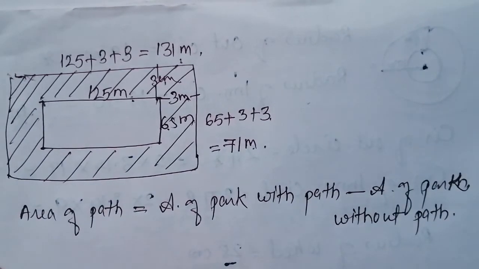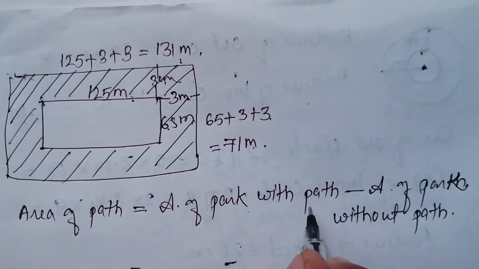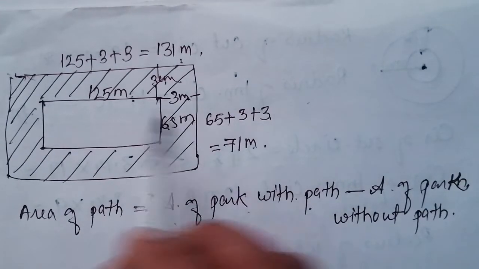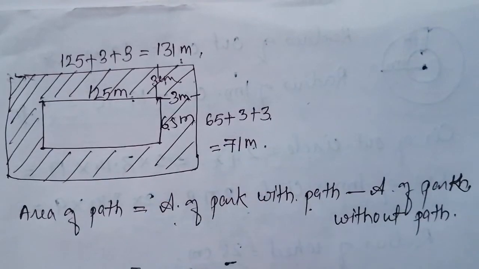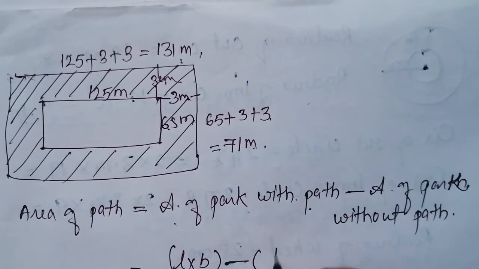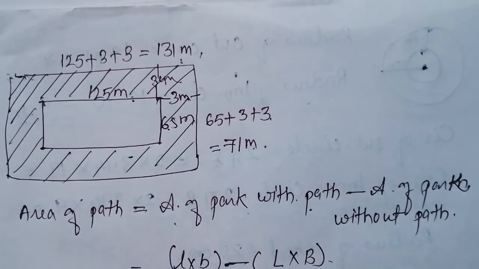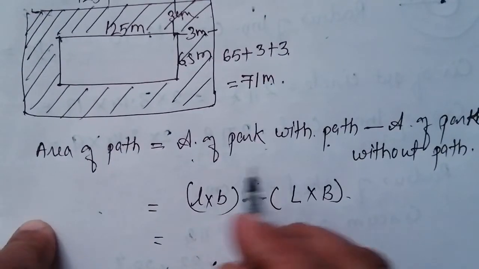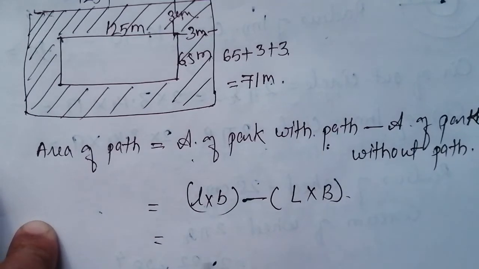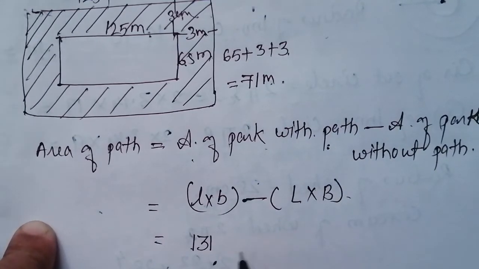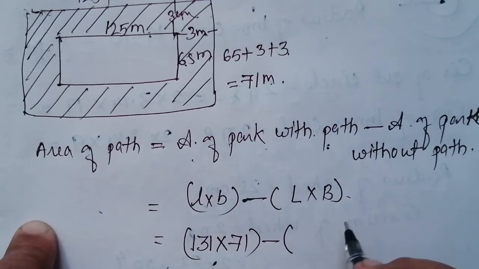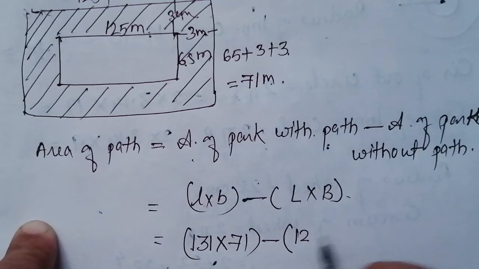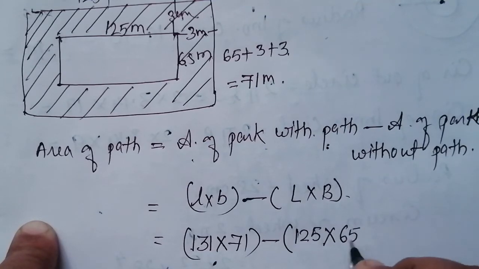Now area of the path. Area of the park with the path, that is L multiplied by B, the formula, minus area of the park without path, L multiplied by B. Now area of the park with the path, the length is 131 multiplied by 71, minus the park without path, 125 multiplied by 65.